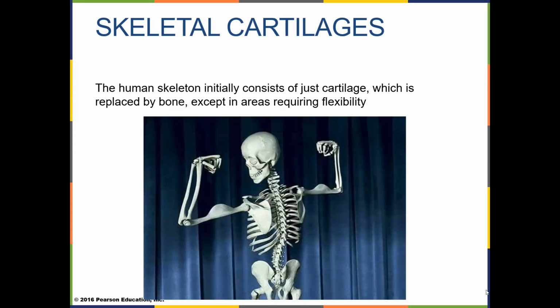By the time we're about 23 or 24 years old, we have finally replaced all of that hyaline cartilage. We don't close all of the gaps in our bones. They're not really gaps, they're locations where hyaline cartilage is, till we're about 23 years old, maybe 24.